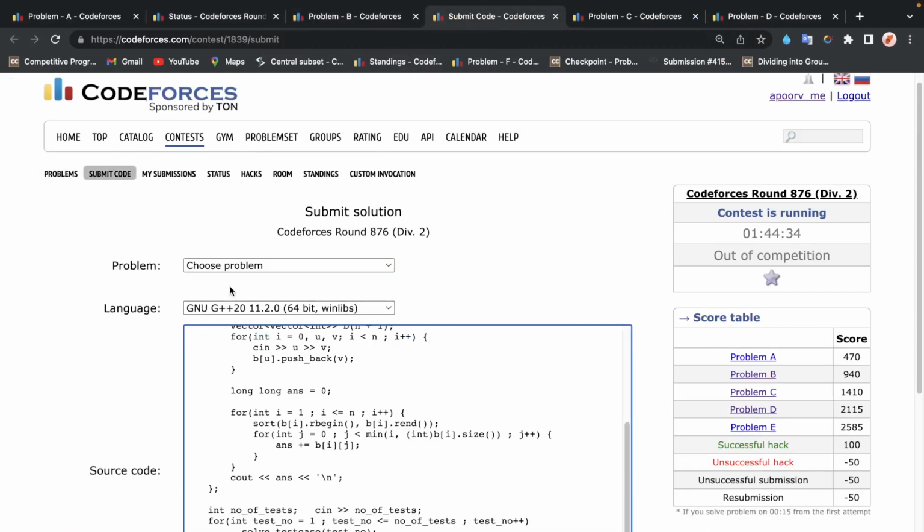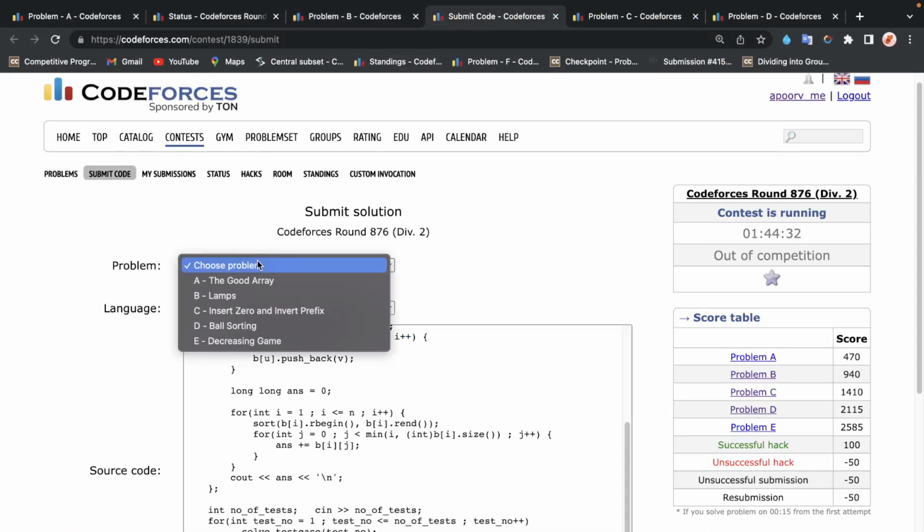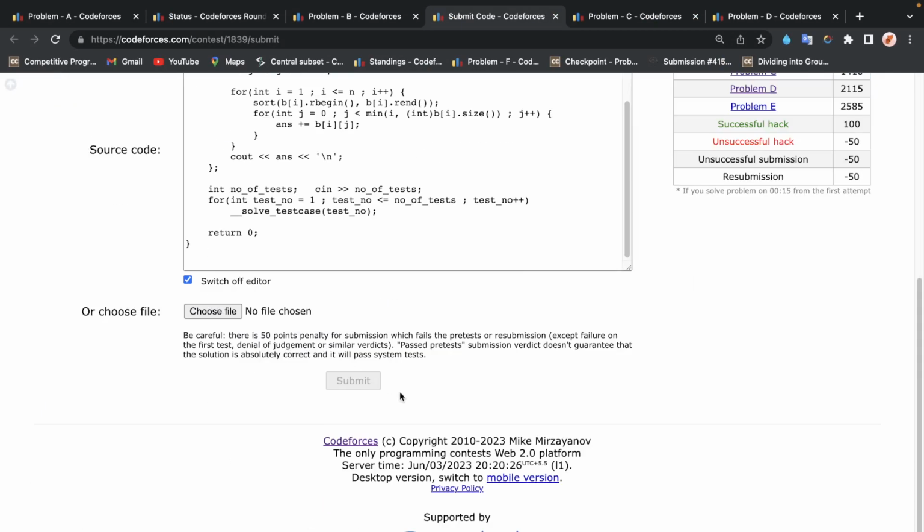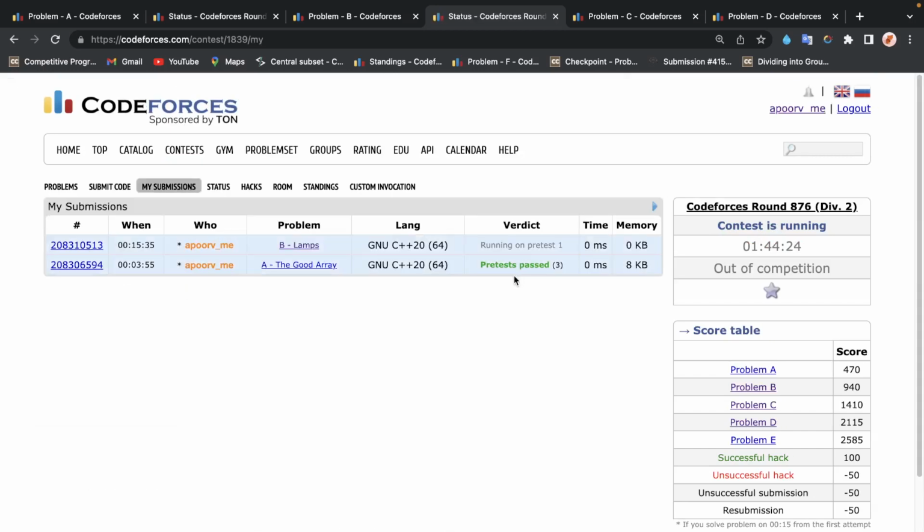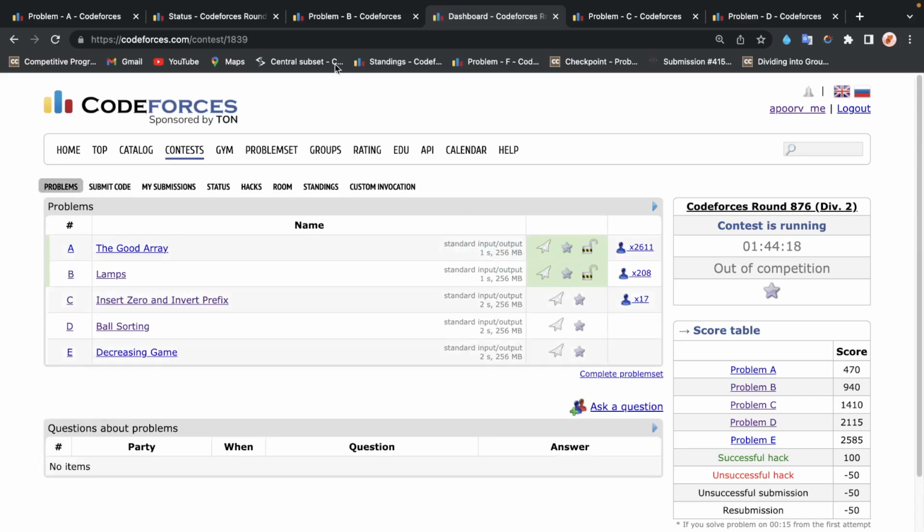My idea initially was that broken lamps were counted as lamps that were switched on, but they are counted as switched off initially. So we don't need to care about them. Of course, pretests will pass because our solution was correct.